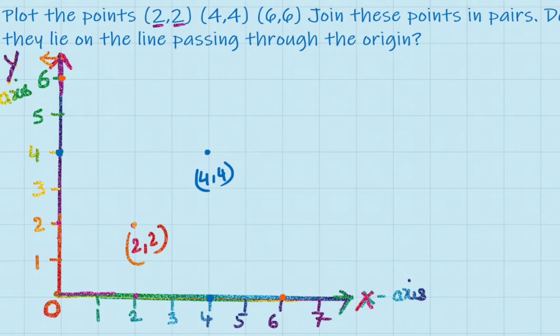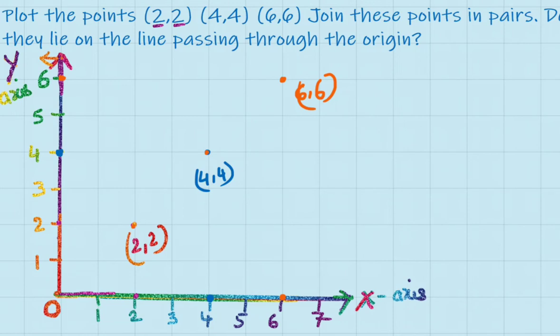Now, draw a line perpendicular to the x-axis from 6, and a line perpendicular to the y-axis which passes through 6. You will see that they meet here. So your (6, 6) is this one, (4, 4) is this one, and (2, 2) is this one.